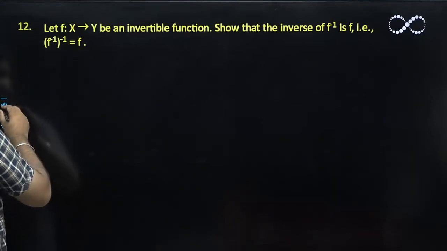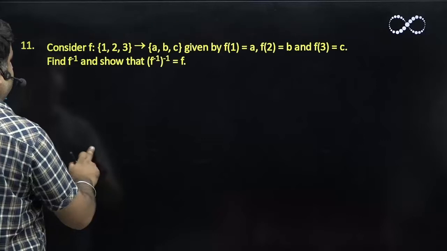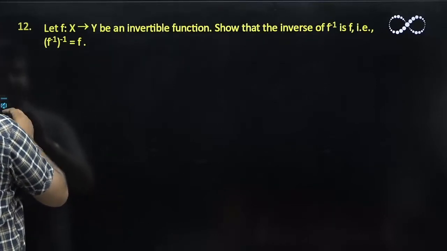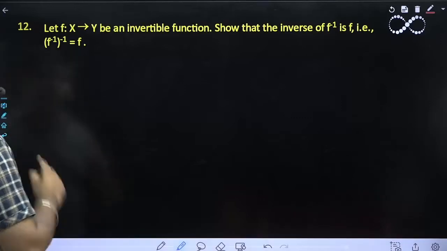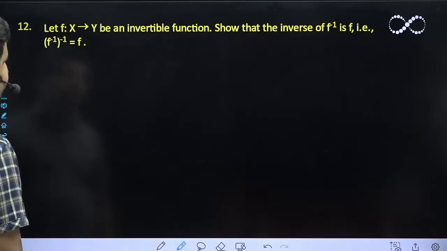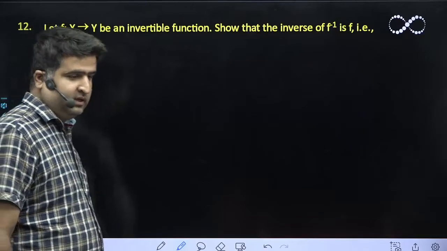So next question is, let f(x) from X to Y be an invertible function. Show that the inverse of f inverse is f, that is f inverse of inverse is f.